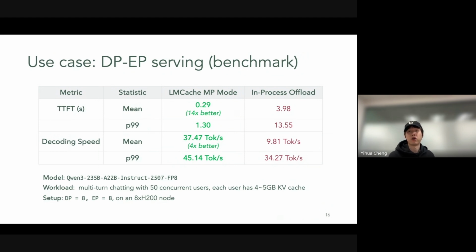First of all, it has a very unified KV cache pool, which means it can achieve a higher KV cache hit rate, and it avoids sending and receiving KV cache across different ranks, so the communication overhead is minimized. So that is a pretty impressive benchmarking performance we see by employing this LMCache MP mode.